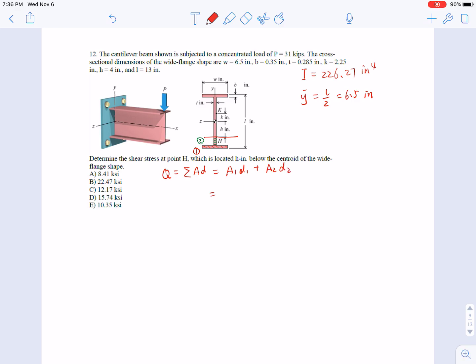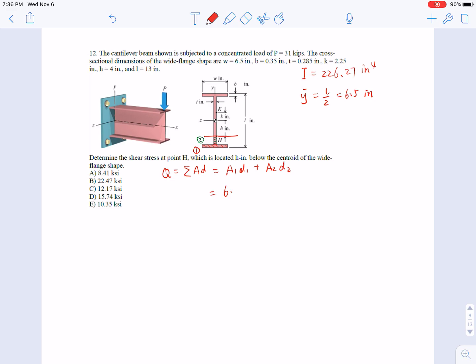So the A1 is 6.5, this is the W, times thickness 0.35. This is the area A1.